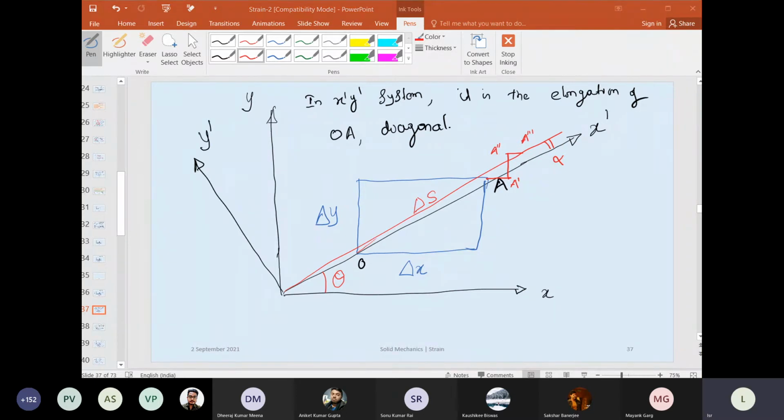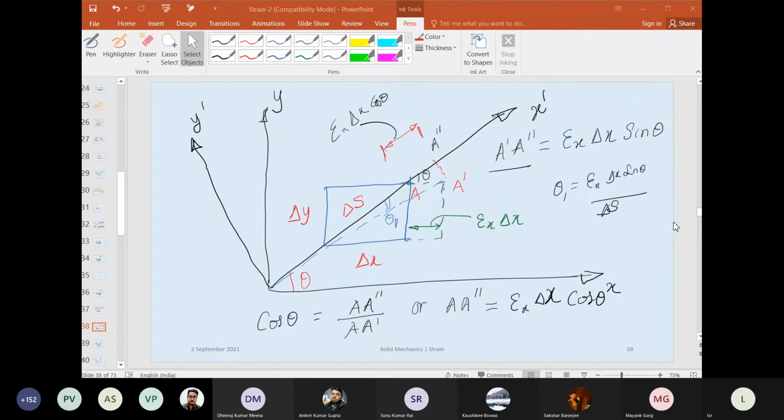Okay, now what we will tell is, I have done one by one. Yeah, together it may be confusing. You see, initially A has gone to A dash, you project it to X prime axis.